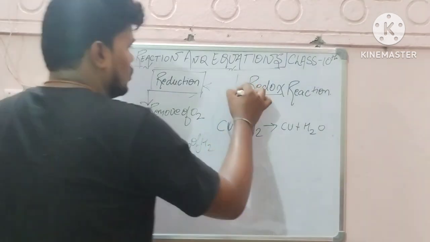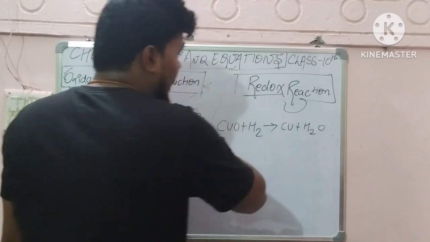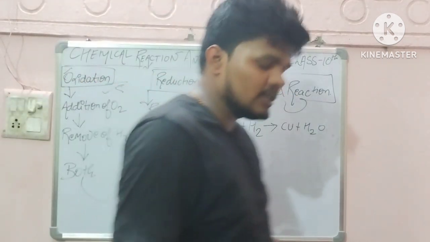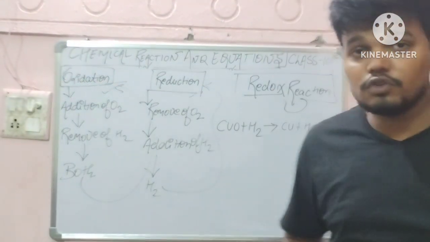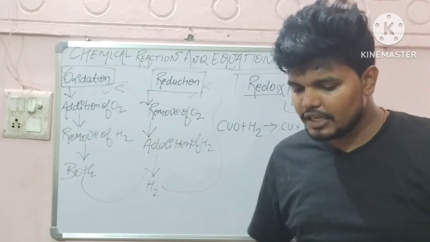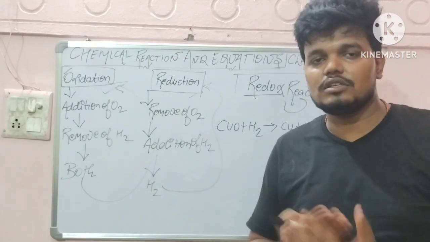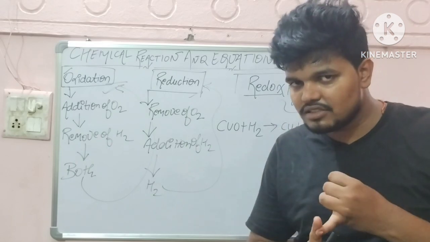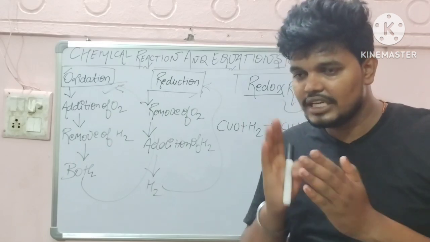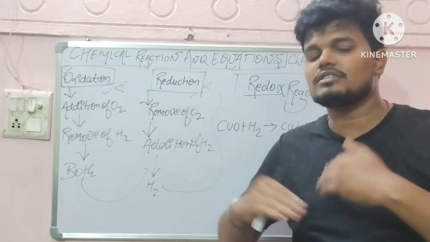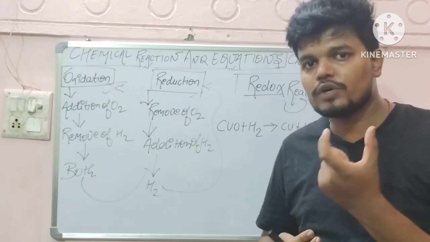That is clear? Okay. Now we have to move on to the redox reaction. Dear students, see, in the redox reaction, the oxidation process and the reduction process, these two processes happen simultaneously, meaning they happen together.